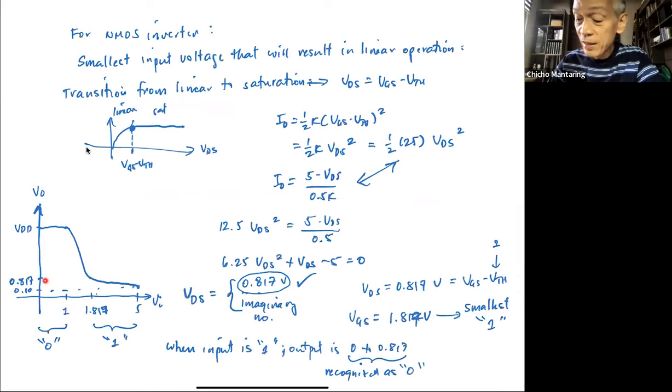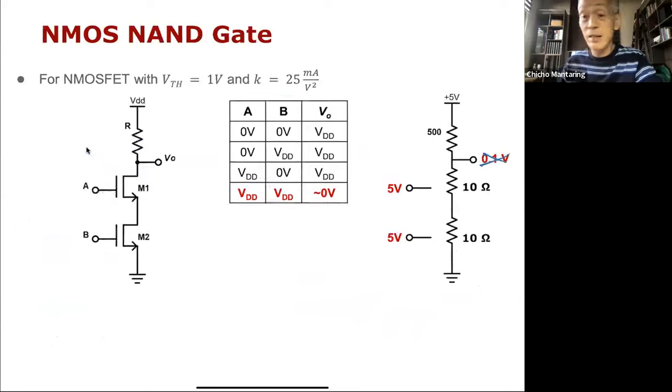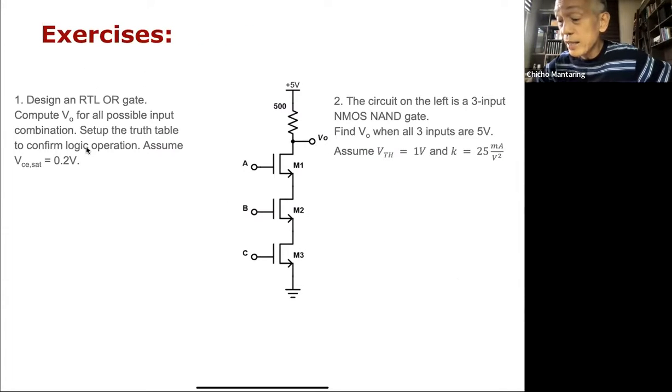It does not exceed the 0 level. Okay, I'm going to stop there. So I have an exercises here. I think these are also in the notes. So you just try the exercises on your own.